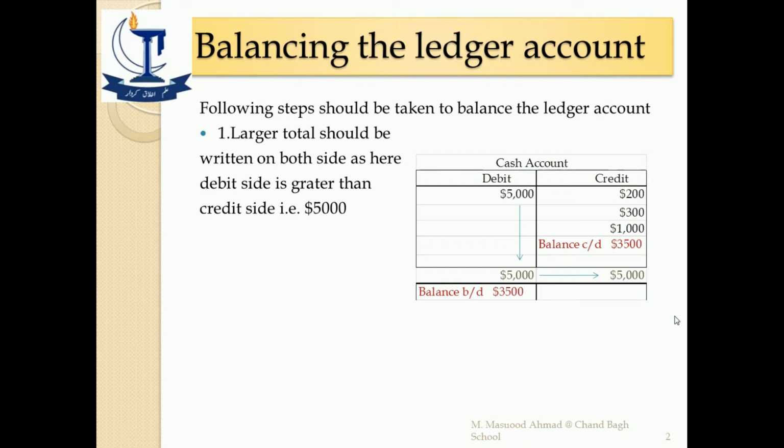The red figure I have written over here on the credit side is the balance carried down, that is 3,500. Basically, the debit side exceeds the credit side, and just to make the totals equal we write it on the credit side. It shows that the debit side exceeds the credit side by 3,500.